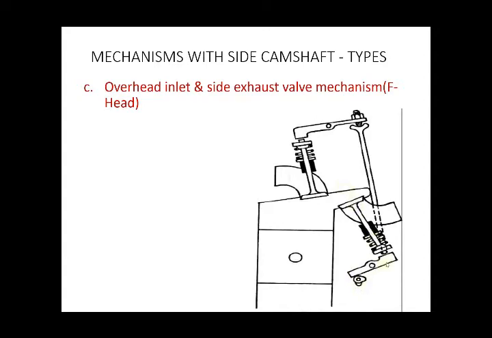and due to the closing of this valve, pressure is exerted on this, it will pull down this push rod, and in turn the rocker arm on the overhead inlet valve, this portion will go downwards and this end of the rocker arm is pulled upwards.